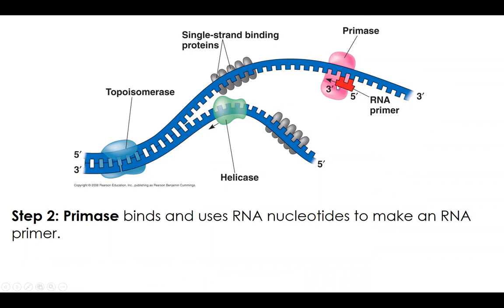And this primer will allow us, when DNA polymerase finally does appear on the scene, to make this new daughter strand. This will give us something to latch on to. So that's the point: we're priming, just like primase, we're priming the situation for DNA polymerase. The next thing we need to know about this primer is that it is not composed of deoxyribonucleic acid or DNA nucleotides.